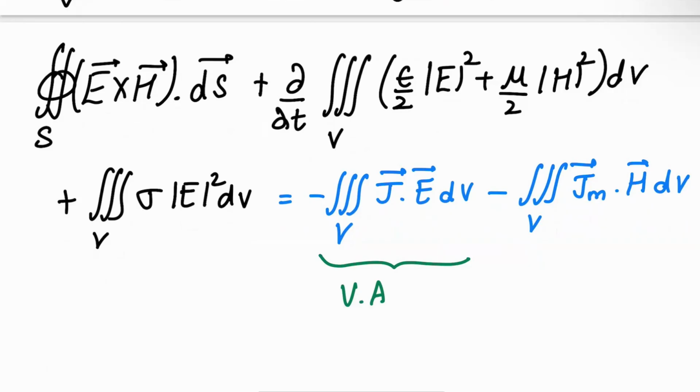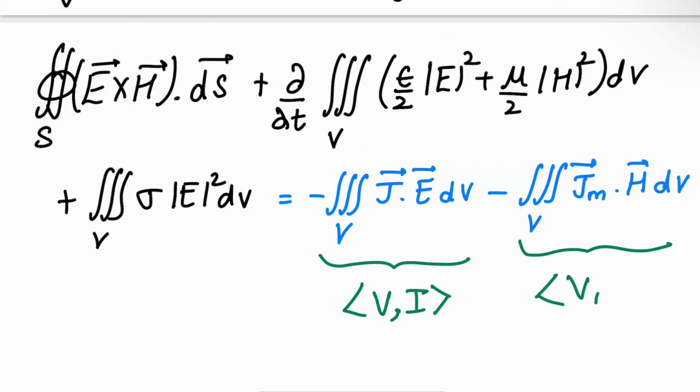This is something like writing the inner product of V and I, and we know that corresponds to the amount of power that is supplied by a given source. And this also turns out to be V times I. So both of them are the power supplied by the sources J and Jm.